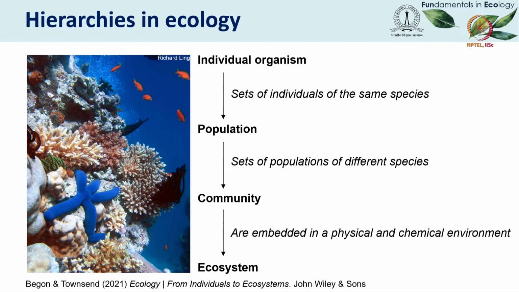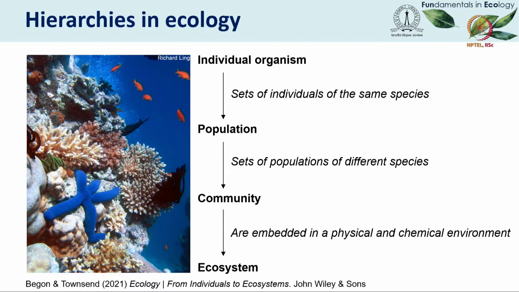Population and community ecology is something that we are going to explore in fair detail in this course. Now, communities are embedded in a physical and a chemical environment, an abiotic environment, and the community along with its environment then forms an ecosystem.